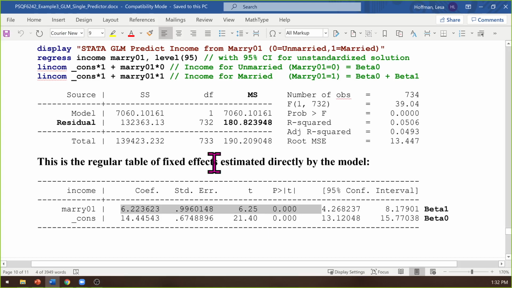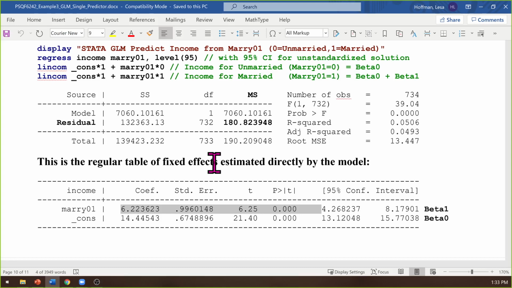Can I ask a question, Lisa, just to make sure I'm understanding it? The reason we're highlighting this is because it could be tempting just to look at the 6 and 14 and say that's how much difference this is, because the constant being 14, that's technically the 0, right?